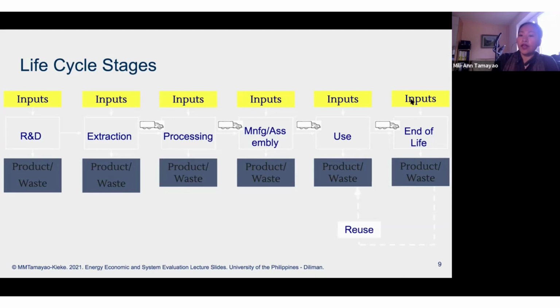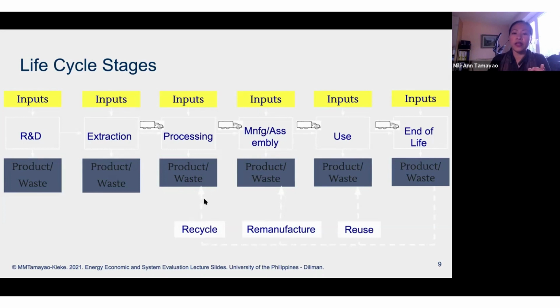But in end of life, you can manage the waste in such a way that you may be able to reuse it. So from supposed disposal to reuse or remanufacture, so take apart the parts of the product so that you can use the different parts for manufacturing or assembling other products or the same product, or recycle.